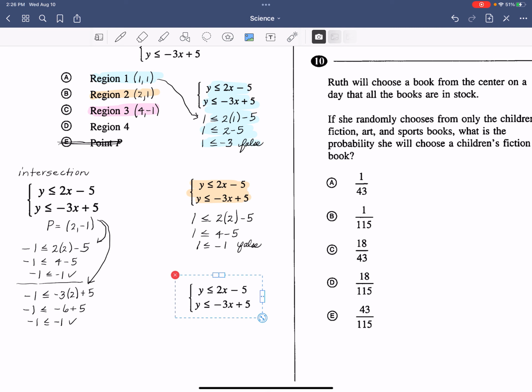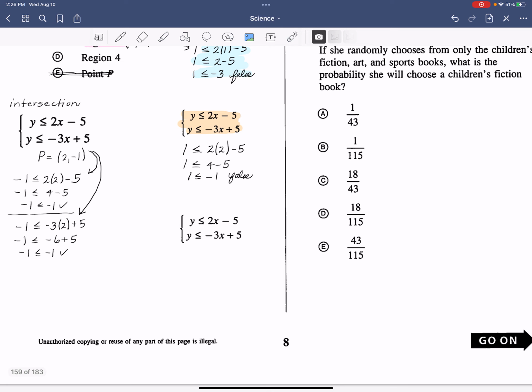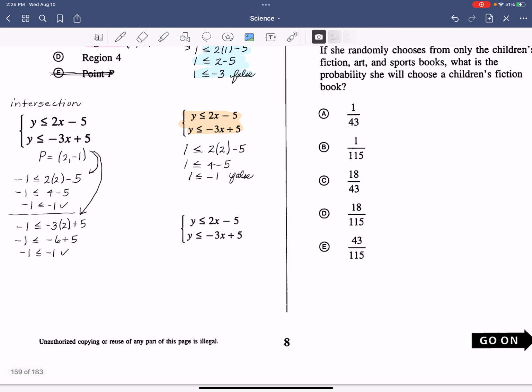Okay, so this one I'm using 4, negative 1. So I will say that y is negative 1 less than or equal to 2 times 4 minus 5. So negative 1 is less than 3. That's true. So then I need to test that second inequality and see if it also is true.